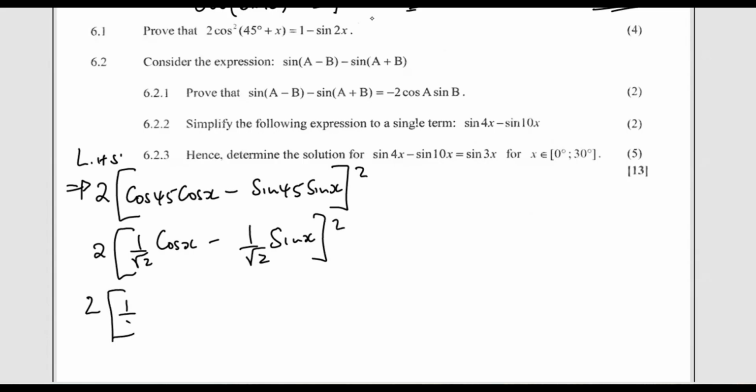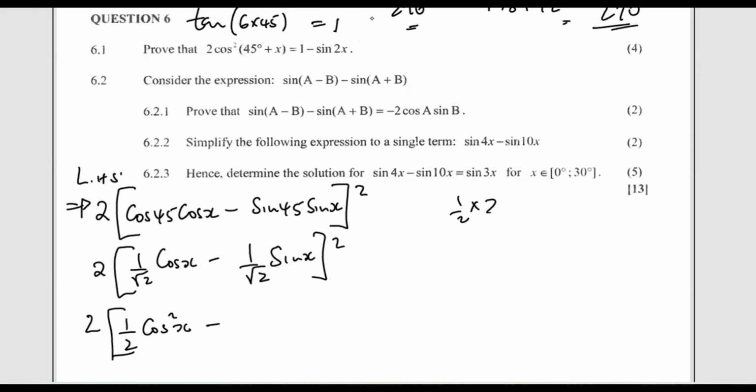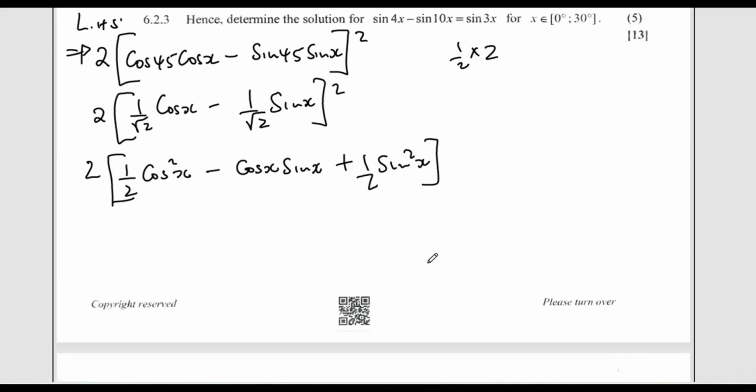Let's open that. That's going to be a half cos squared x minus, we know that 1 over root 2 and 1 over root 2, we get a half. When you multiply by 2, you end up with 1. So I'm just going to have cos x and then the sine of x. And then this last part will give me a half sine squared of x. Okay.